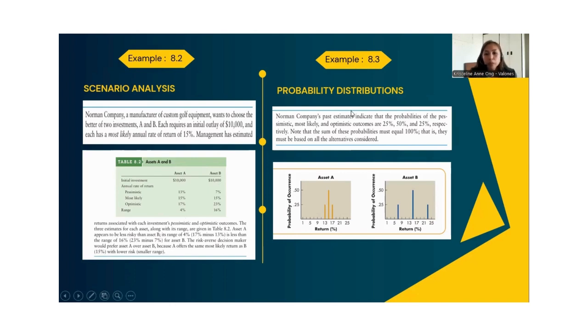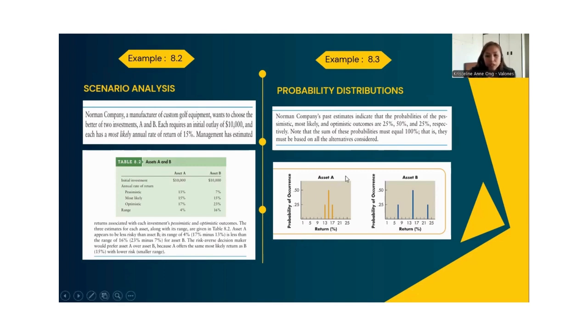Okay. Given the probability distribution, it has 25%, 50%, 25%. So in this graph, we use the 25% and 50% probability versus the rate of return.